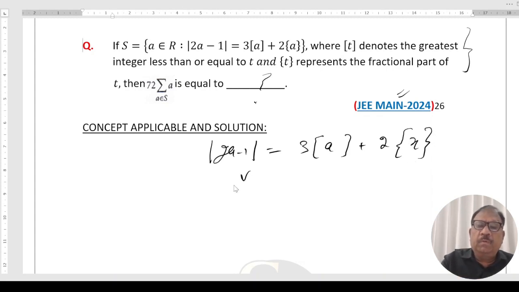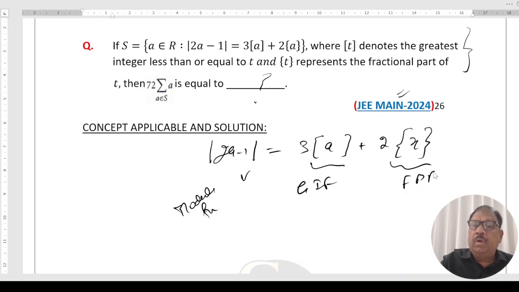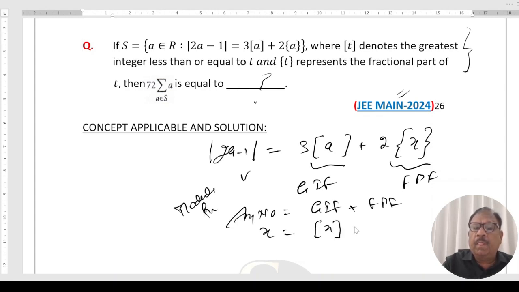This is the modulus function. This is the greatest integer function. This is the fractional part function. We know the property: any number can be written as greatest integer function plus fractional part function, that is, x equals the greatest integer of x plus the fractional part of x.